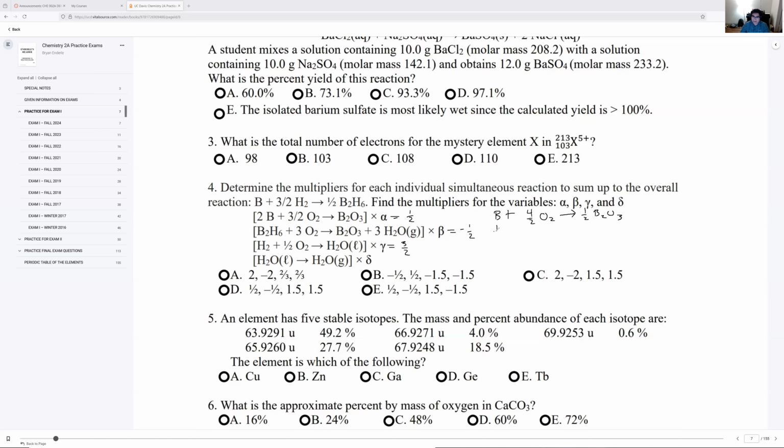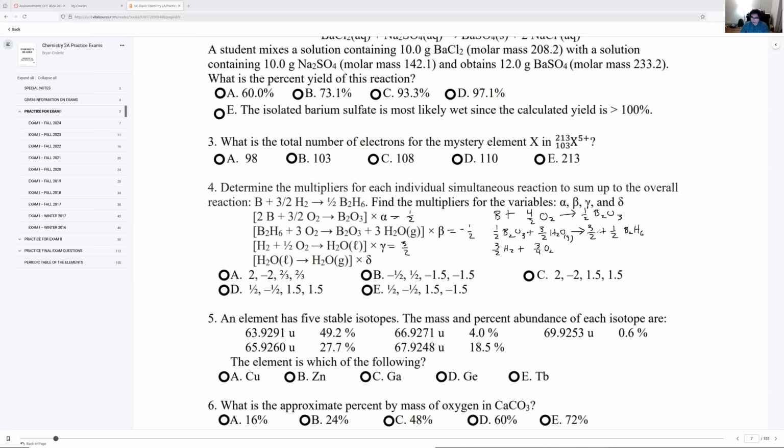But that just takes a lot of extra effort and can take quite a while. So do it here, but on a test, I wouldn't recommend doing this. 3/2, 1/2 B2H6, and then 3/2 H2 plus 3 over 4 O2.